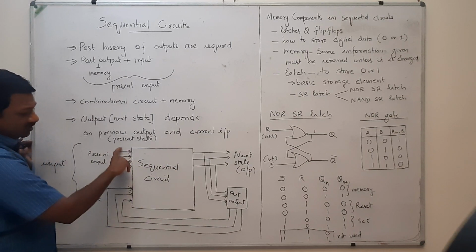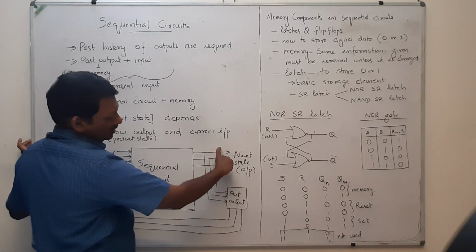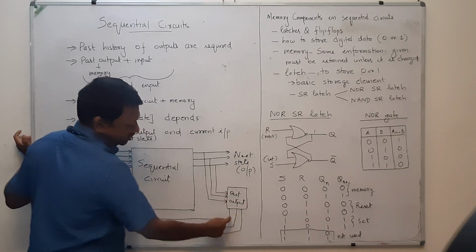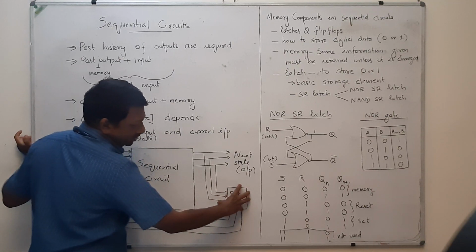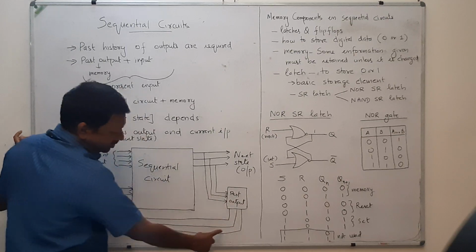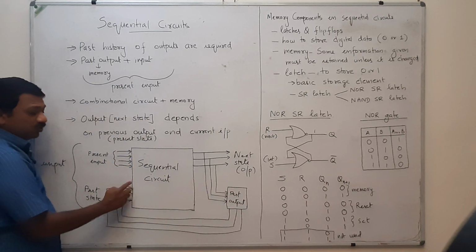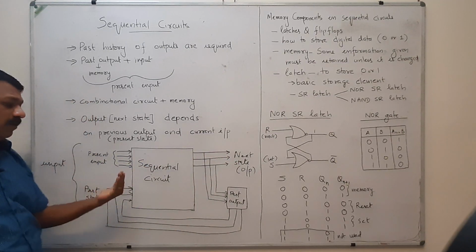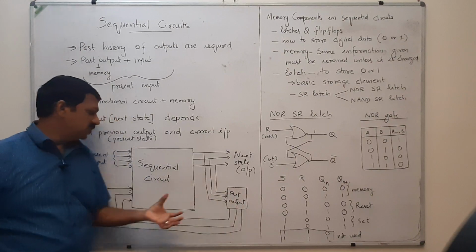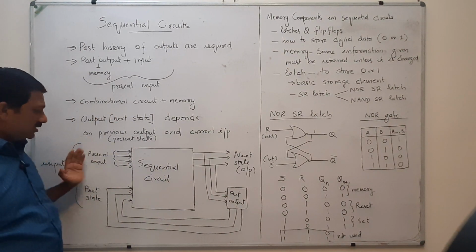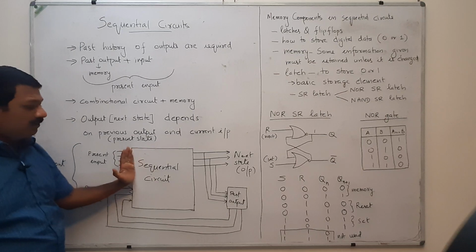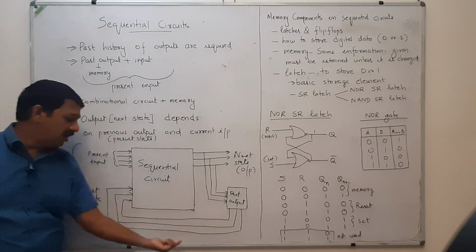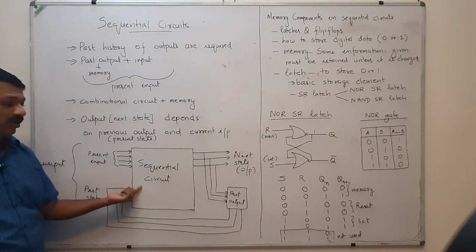These are the present inputs, and this is the past output, and the past output is stored somewhere. This is the storage space, and the past output is stored here, and that past output is also fed as input to the sequential circuit.